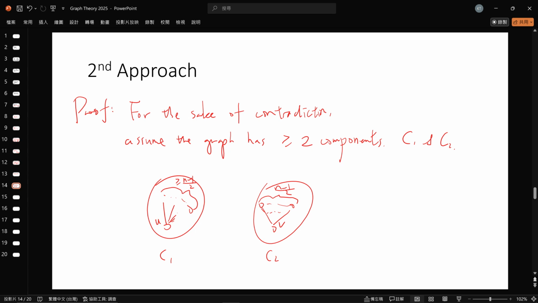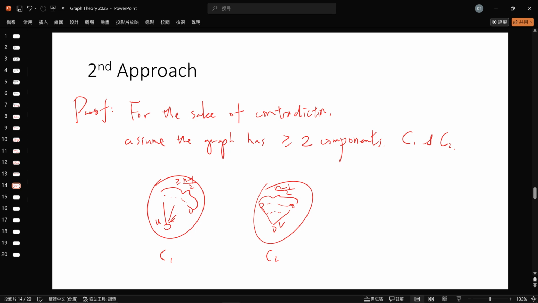I think there's a simpler contradiction in this graph. All right, so let's count, okay? What is the size of this component C1? How many vertices are there in C1?